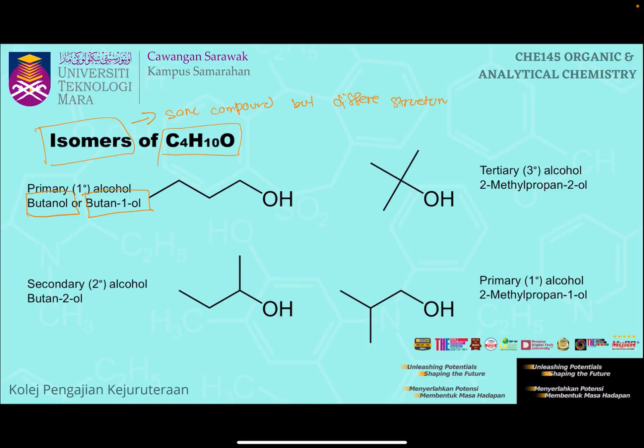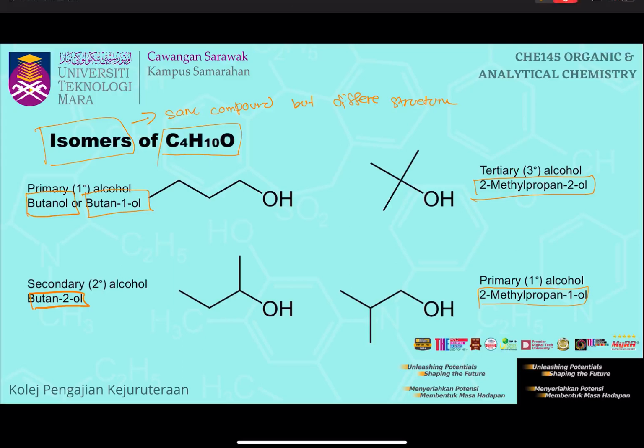In this case we have the butanol. An isomer of butanol is butane 2-ol. Another one is 2-methyl propan 1-ol. Another one is 2-methyl propan 2-ol. So here, the isomers of butanol cover the three different classes of alcohol.